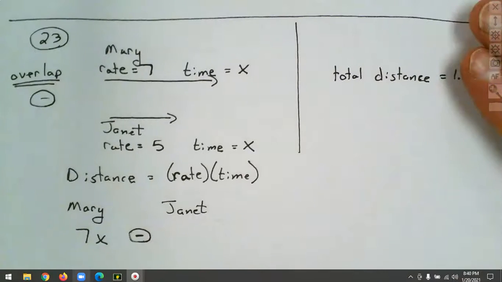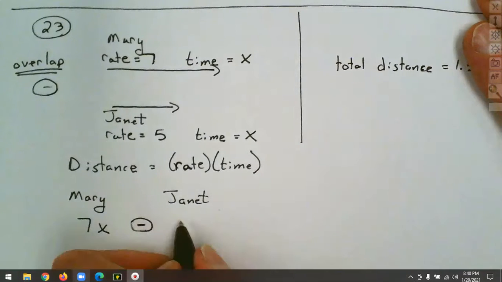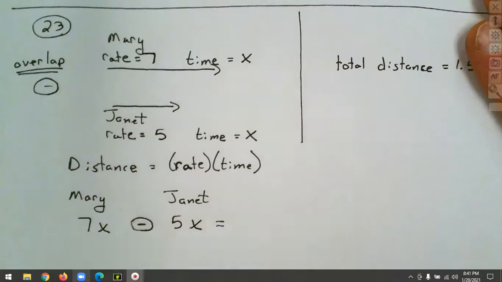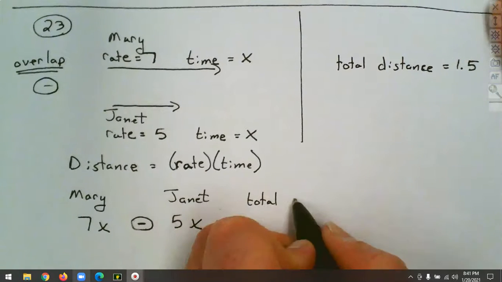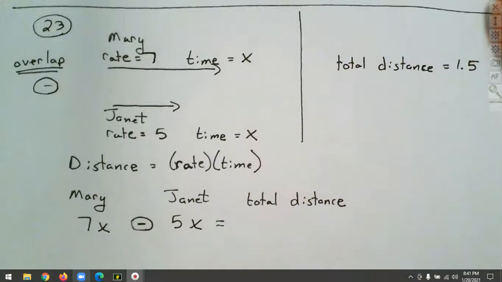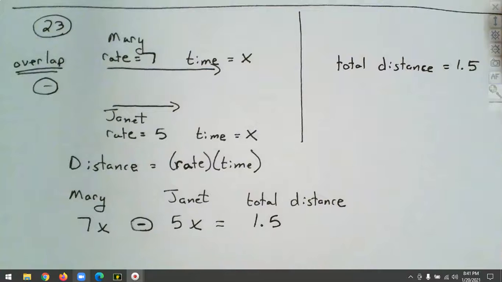Because they're overlapping, they're going to subtract. And Janet has a rate of speed of 5. Time is unknown with an x. And what's my total distance apart here? Well, we already found that in our problem to be 1.5, didn't we?